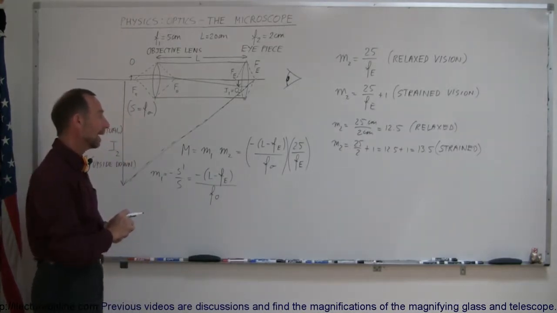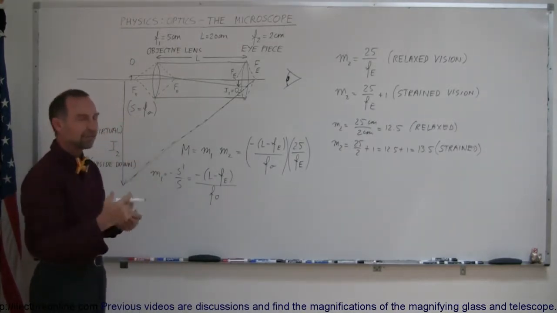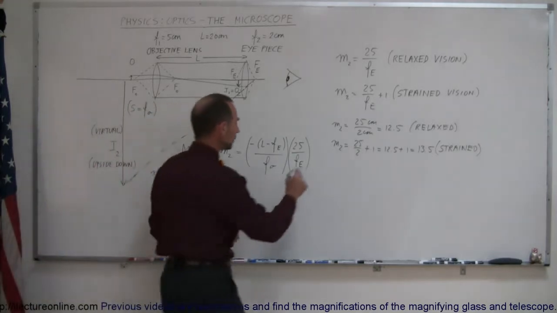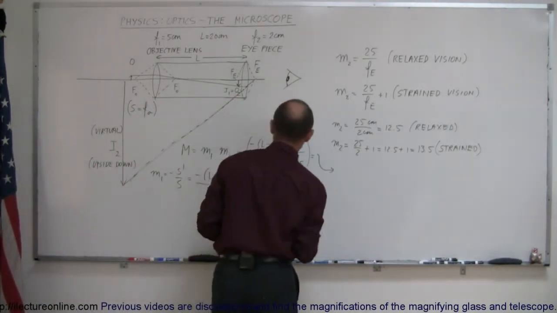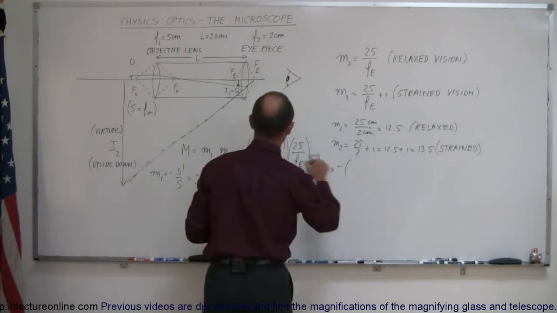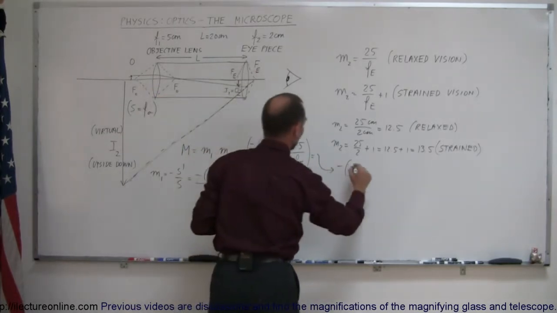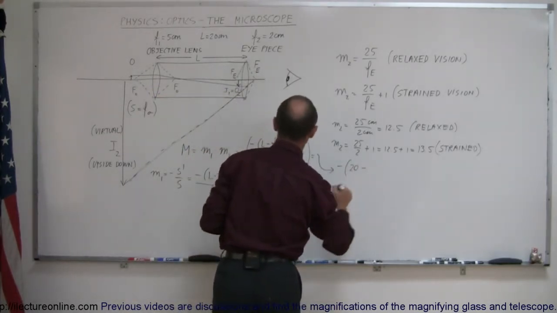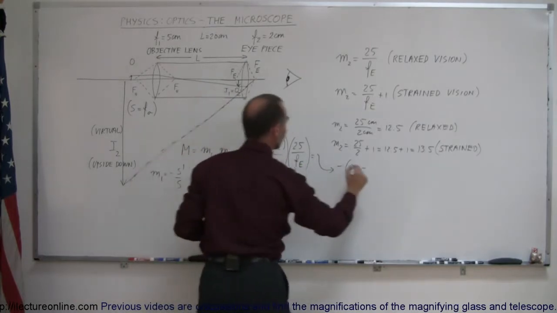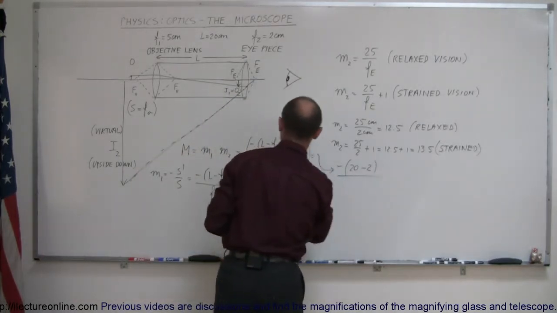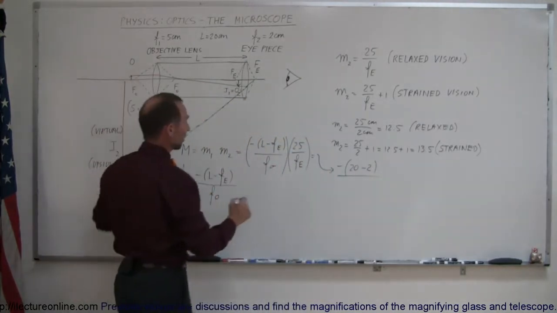So let's go ahead and put in some numbers to get a feel for what that is equal to. So this is equal to minus the length of the telescope, which was 20 centimeters, so that's 20, minus the focal length of the eyepiece, which is 2 centimeters, and divide that by the focal length of the objective, which was 5 centimeters.